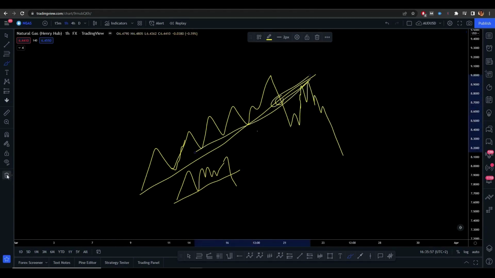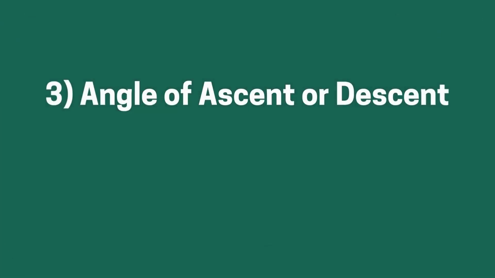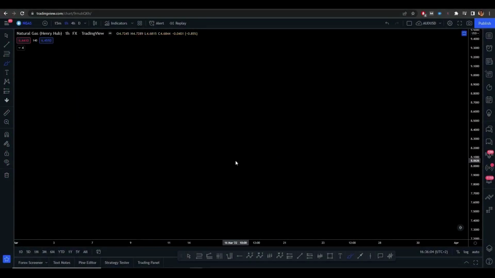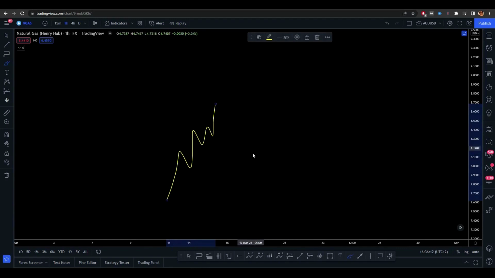The very last factor is about angle of ascent or descent. So a very sharp trend is difficult to maintain, something that goes very sharply and can easily be broken. All trends will eventually be broken, but the steeper ones are more likely to do so faster. And the break of a steep trend like this one has less impact than the break of a more gradual trend.